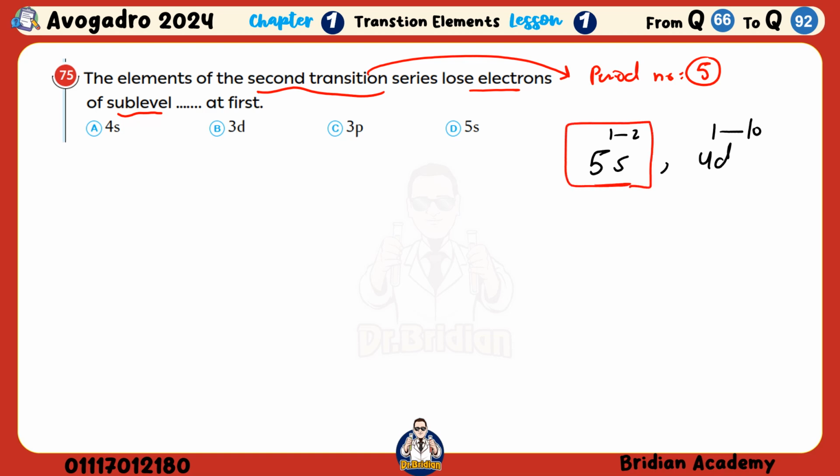When it loses electrons, we lose from the sublevel farthest from the nucleus, which is 5s. So we will choose letter D.